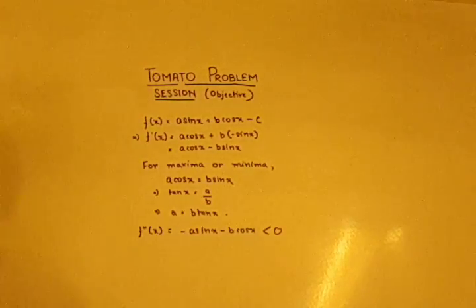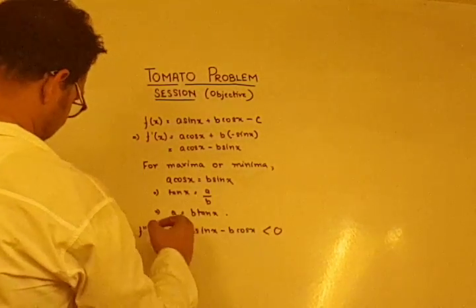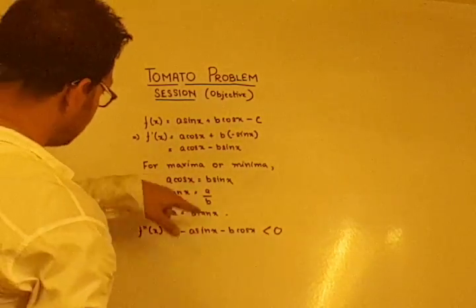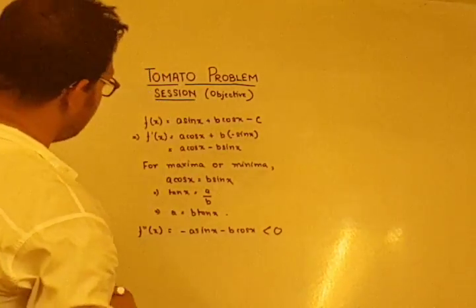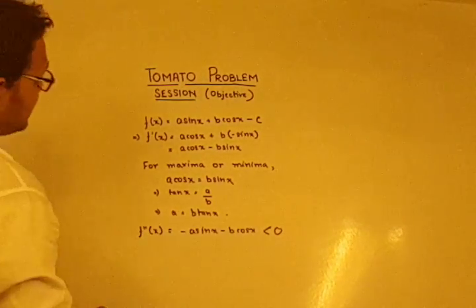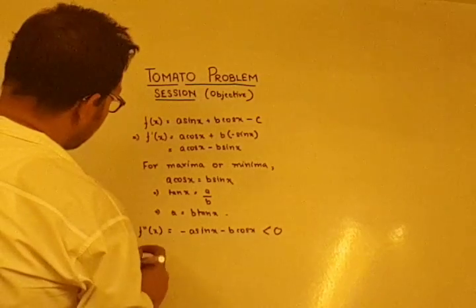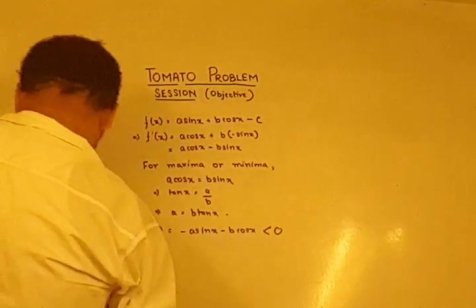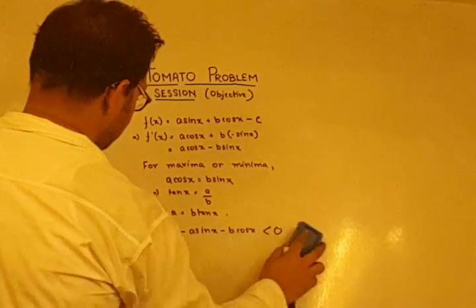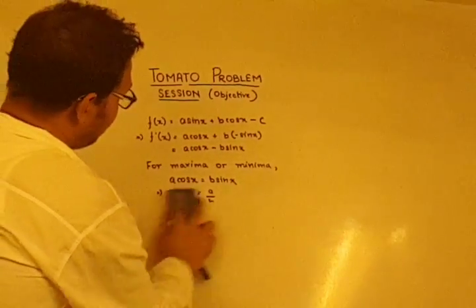Okay. Now what I do is that I substitute this expression back in this. So for maximum value, a has to be equal to b tan x, isn't it? So f(x), I just clean the board so that I can get more space.